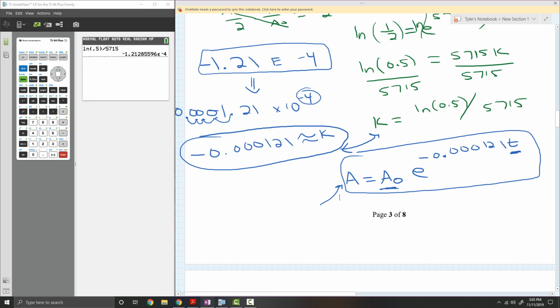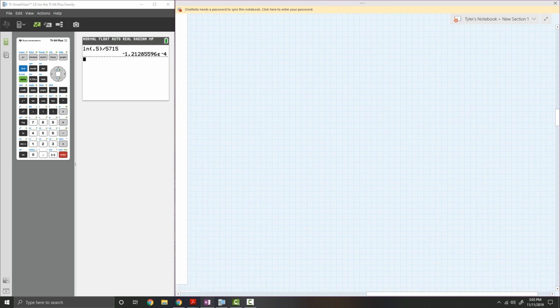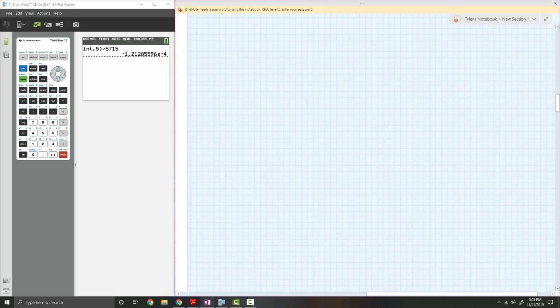Then I'm going to come off to the side to work part B, so I don't have any room left. For part B, we were told that in 1947, earthenware jars containing what are known as the Dead Sea Scrolls were found by an Arab Bedouin herdsman.